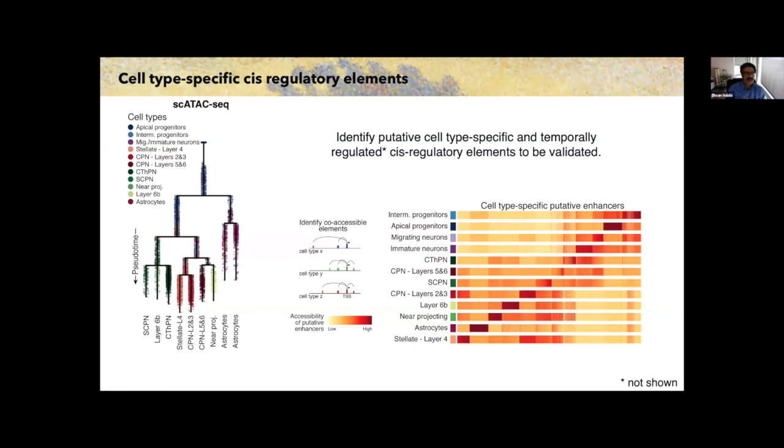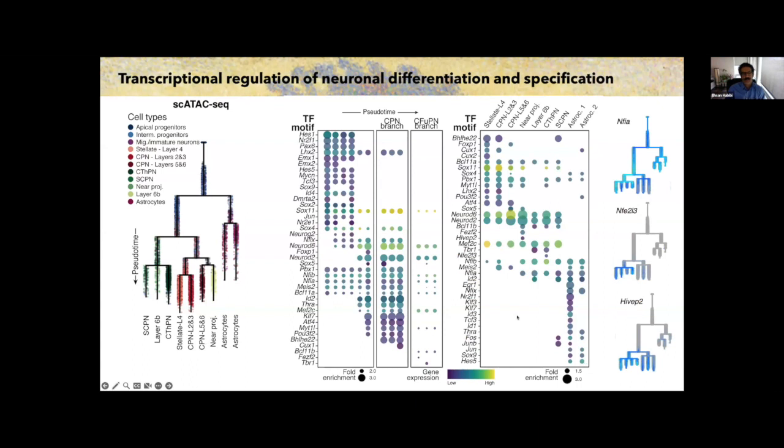Because this is a cascade of accessibility over time, you can do motif enrichment over all these differentially accessible regions to see what transcription factors are playing a role. Here I am showing across the tree, and also here for the terminal cell types. Here we only look at those genes that are expressed in that target cell type.